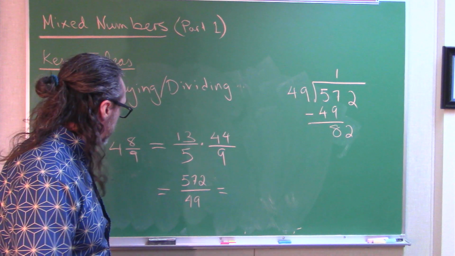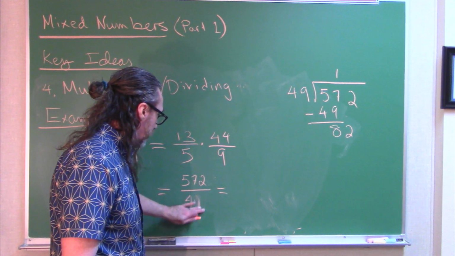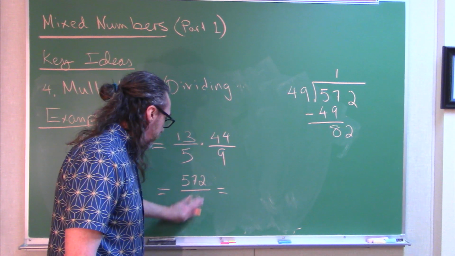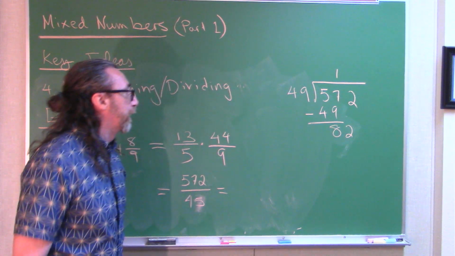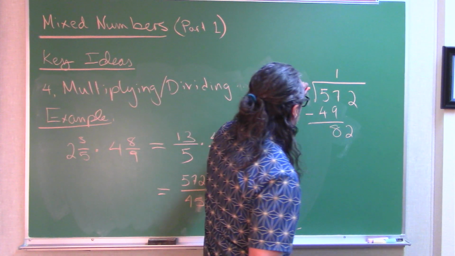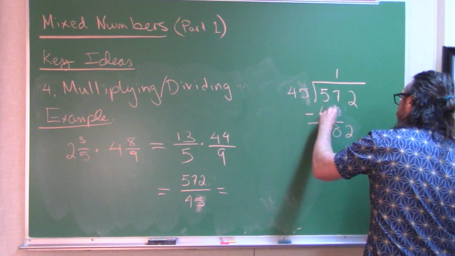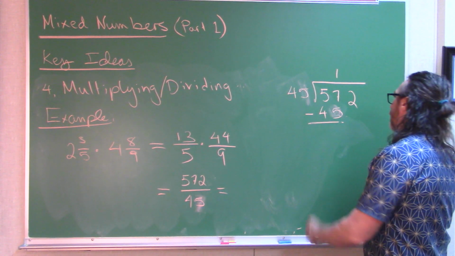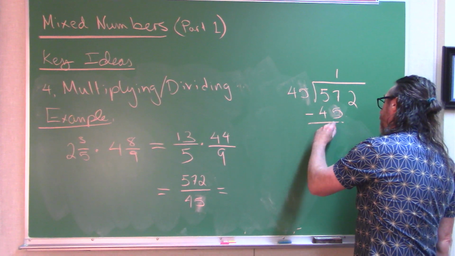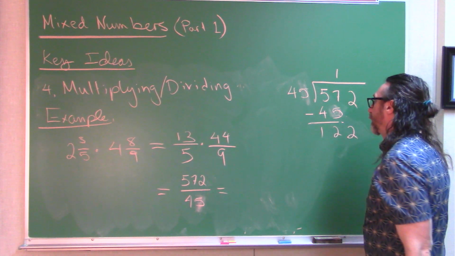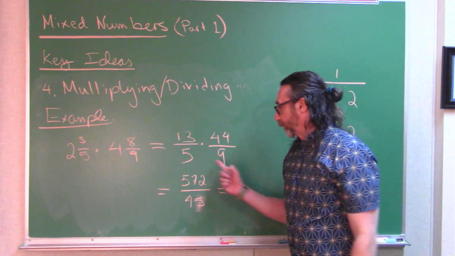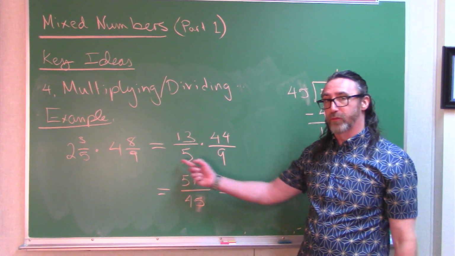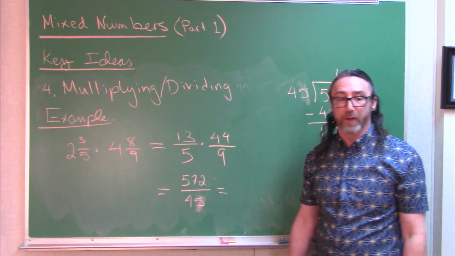Oh, 49, guys. That should have been a 45. So now that is 122. Okay. I was paying attention to the 9. It should have been 5 times 9 for 45.